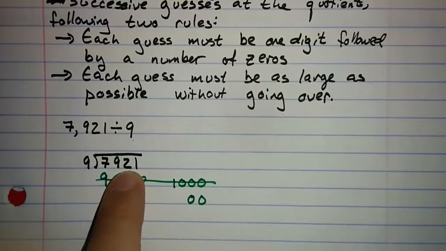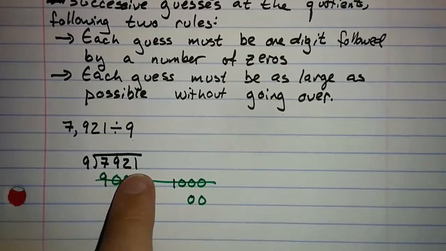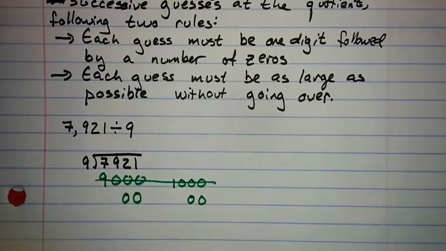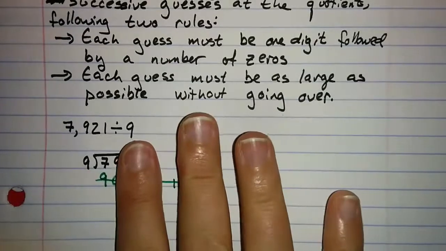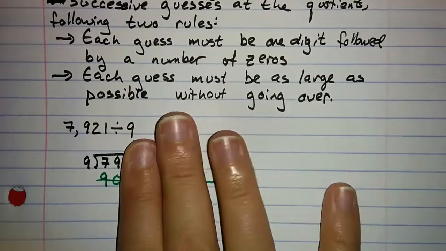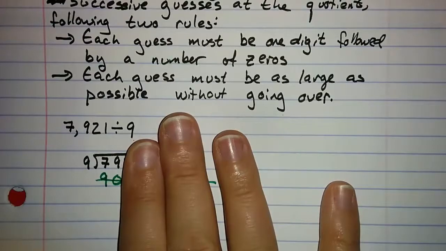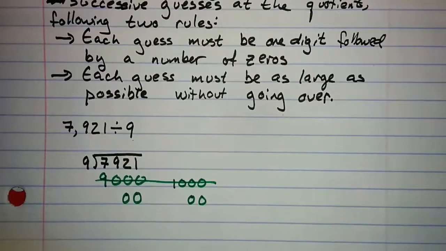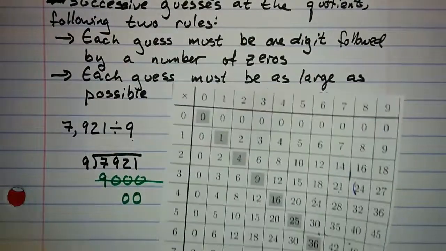So that means the 2 and the 1 in the tens and the ones place, I don't really need to think about those when I'm coming up with my guess. I only need to think about the 7 and the 9 in the hundreds and the thousands place. I can think of this as the number 79. Let's see why.